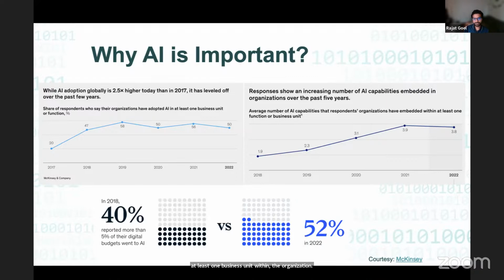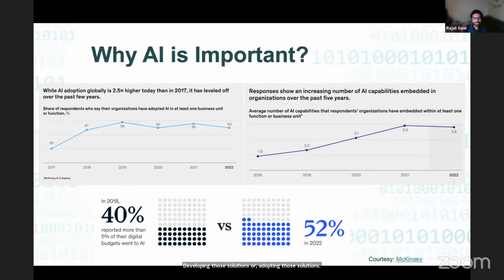This one is interesting. The level of investment in AI has also increased alongside adoption. More and more businesses are not just leveraging AI solutions, but they're also investing more money into developing or adopting those solutions.